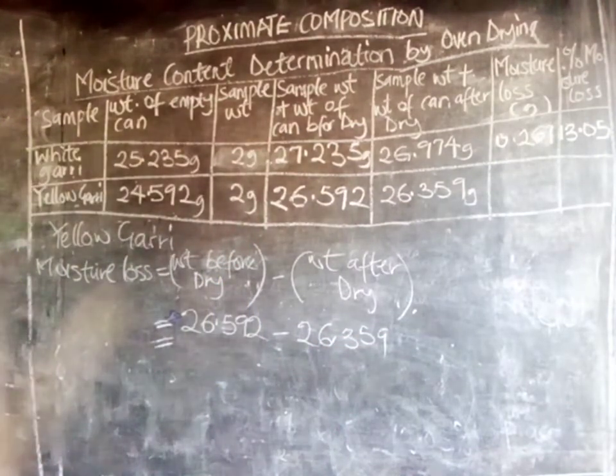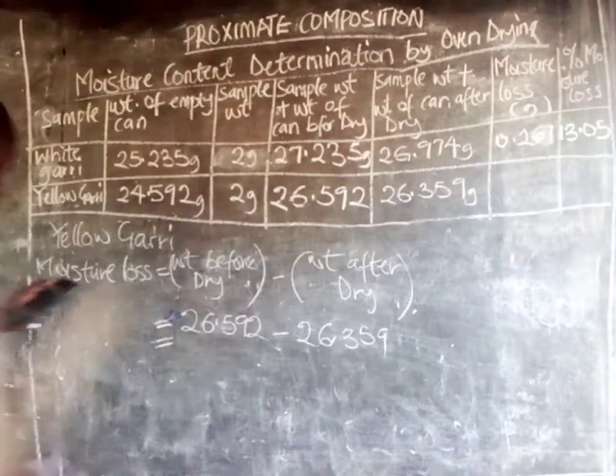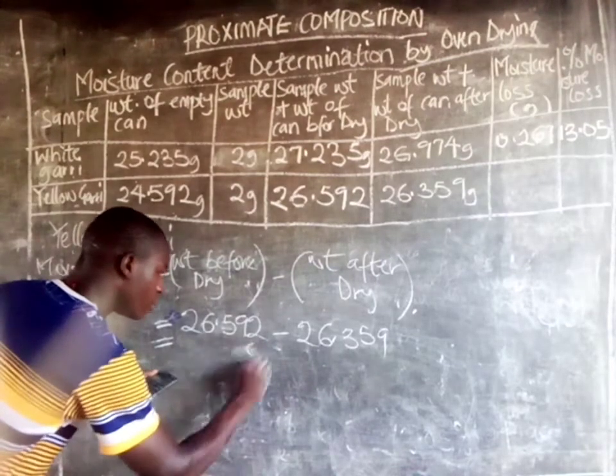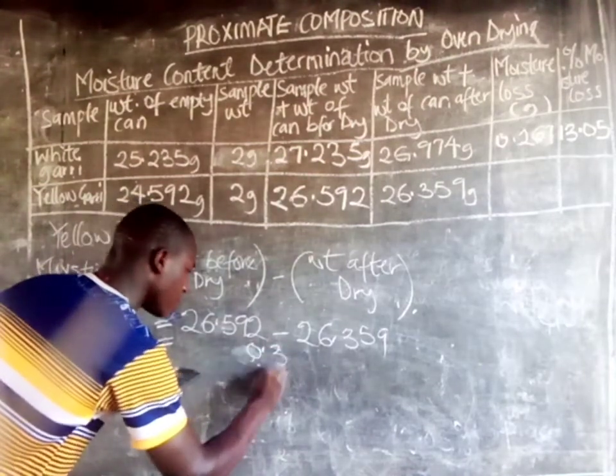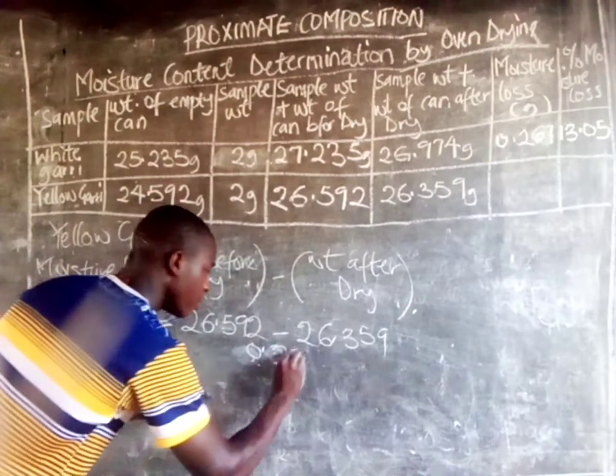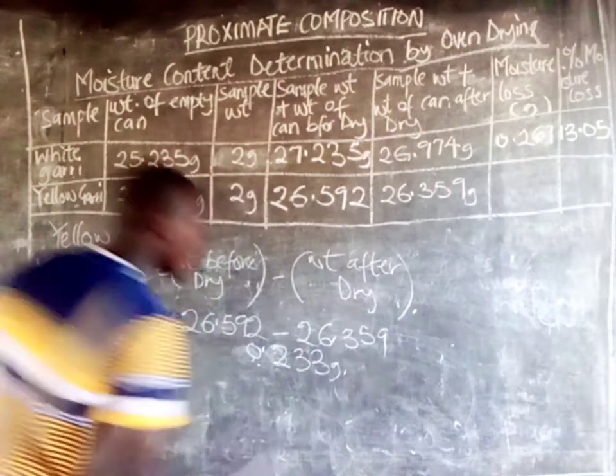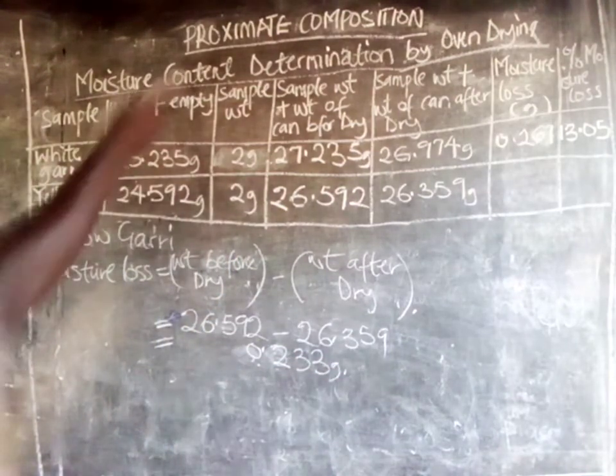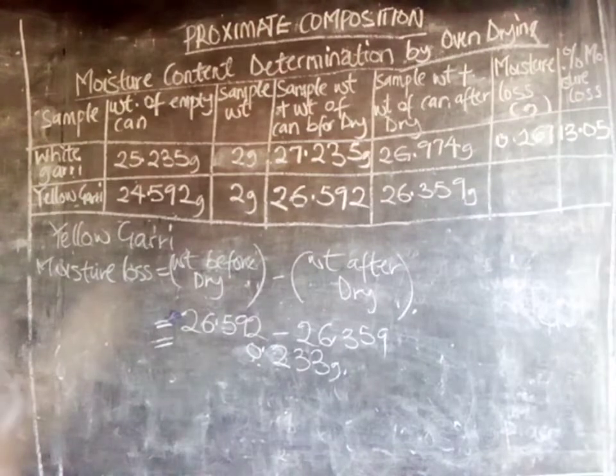And so this is now equal to 26.592 minus 26.359, and that should give us 0.233 gram.